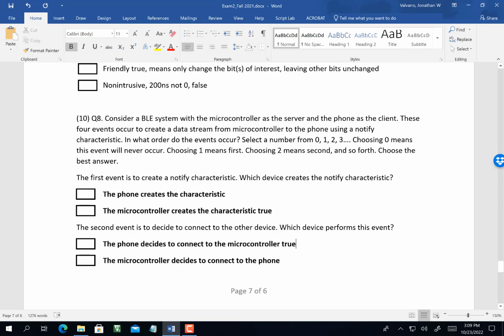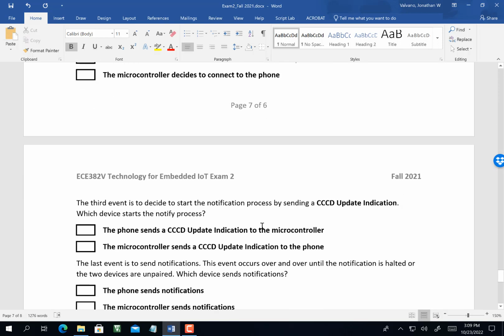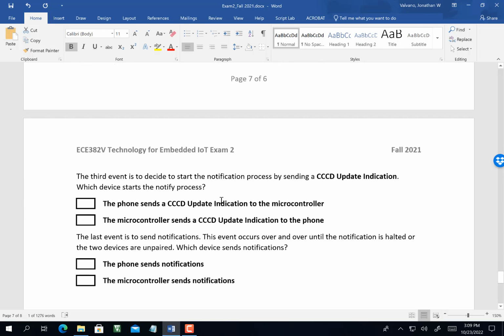The phone will connect. And then since we're going to do a notification, now the notification characteristic is created and probably disabled in the microcontroller. And when you want to start streaming, you send an update, a please activate here. And then once it is activated, the microcontroller streams data.